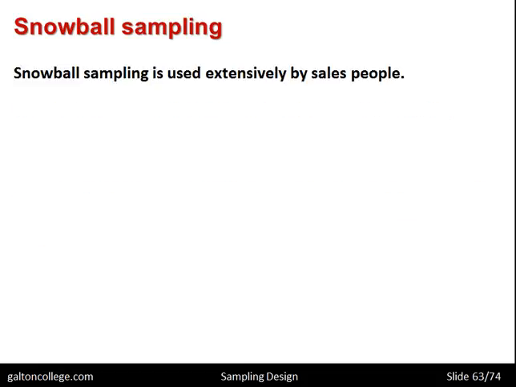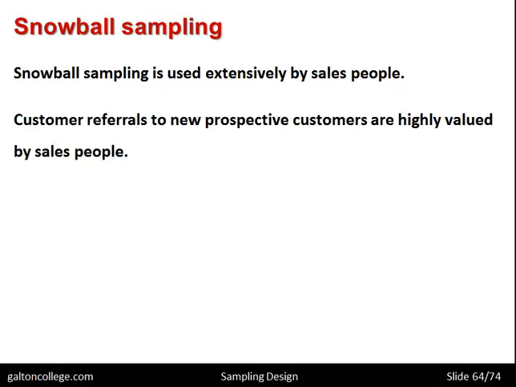Snowball sampling is used extensively by salespeople. Customer referrals to new prospective customers are highly valued by salespeople. So if the salespeople sell you a particular product and then ask you to recommend the shop to your friends, then that's a recommendation and that's highly valued by the salespeople.